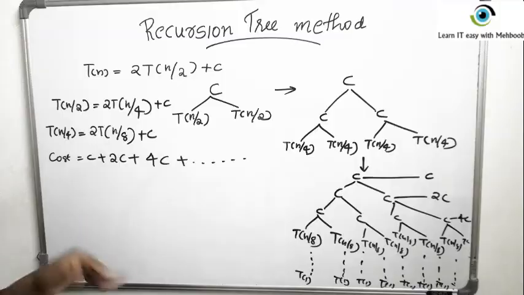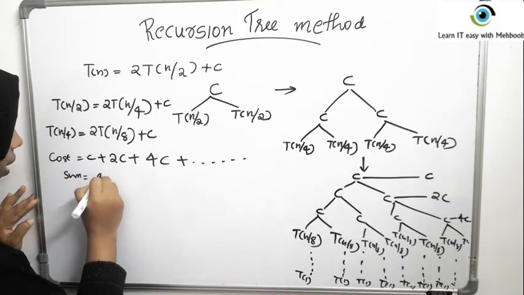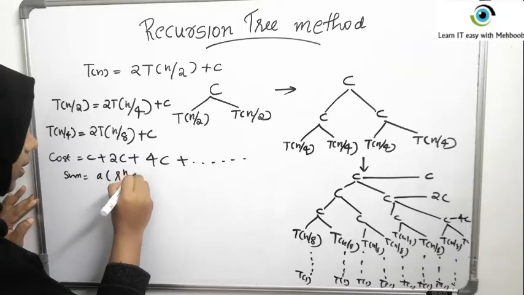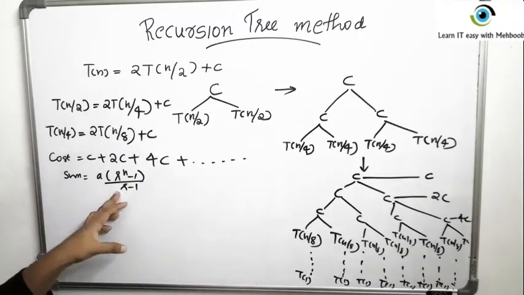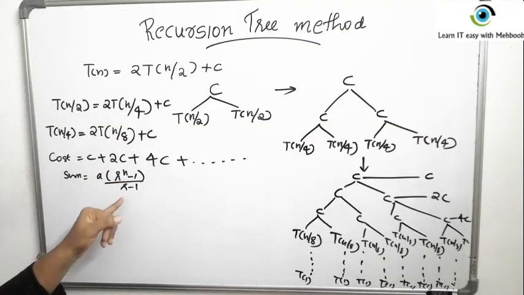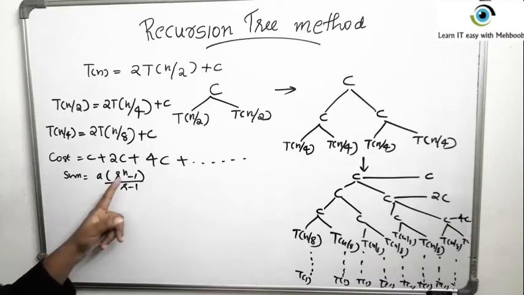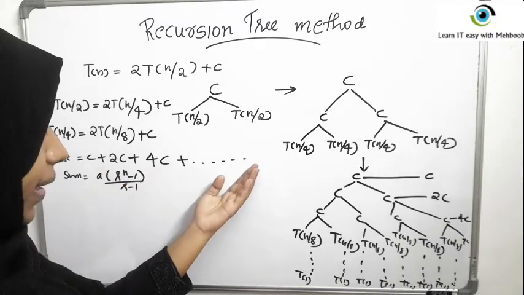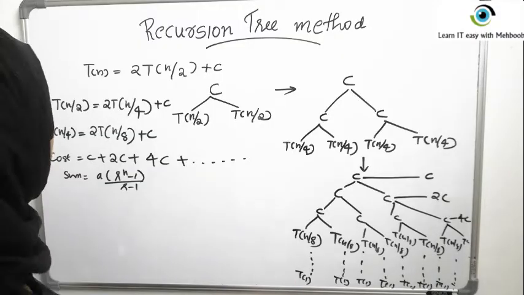For that, the equation is a(r^n - 1)/(r - 1). Here r is the common ratio 2 and n is the number of terms in the GP. So we have to find how many terms will be here till this gets T(1), isn't it?